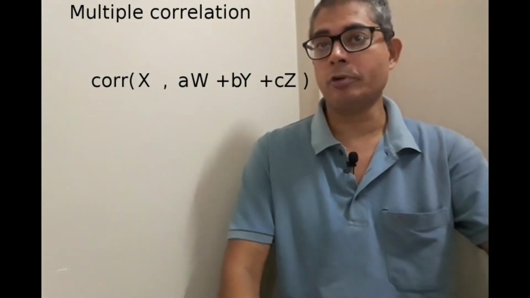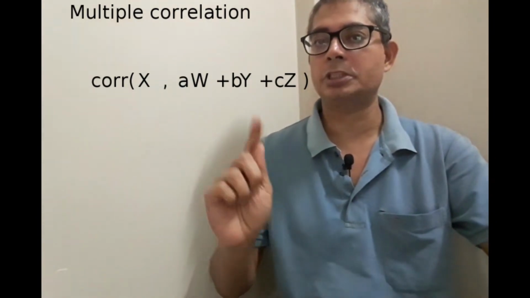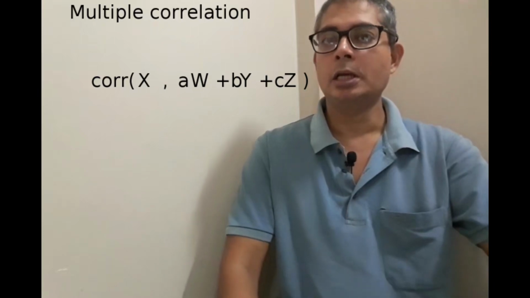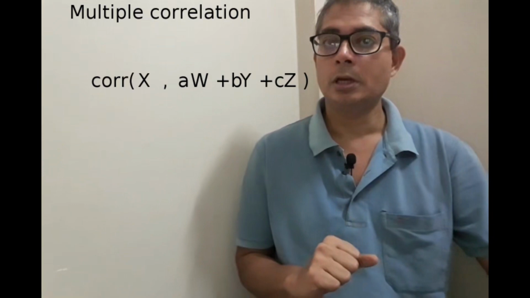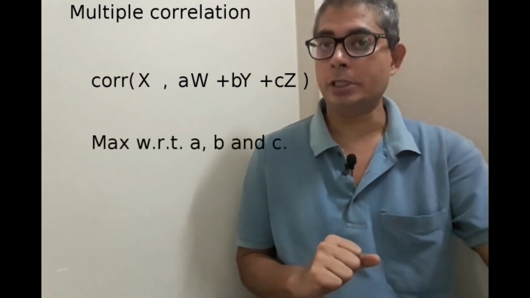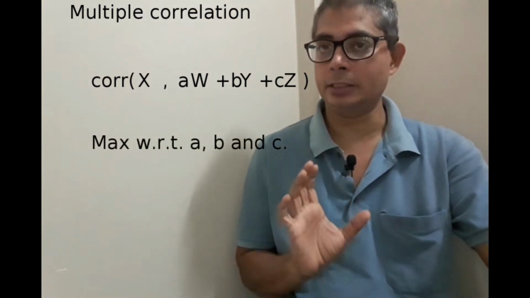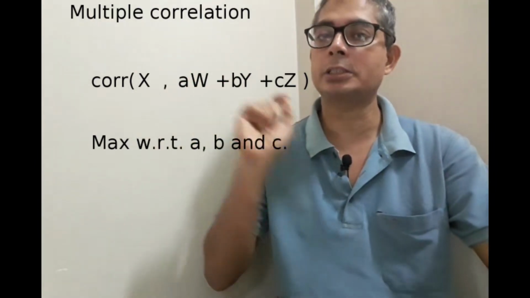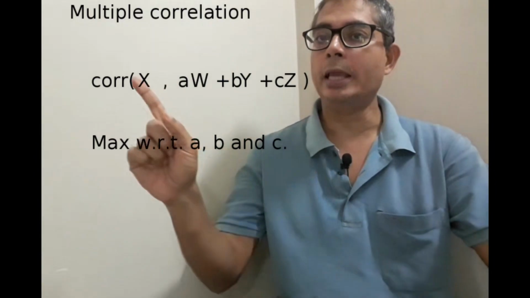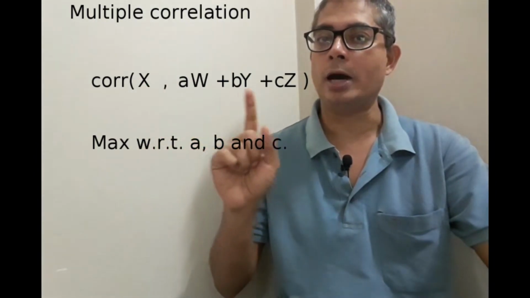The correlation, of course, depends on these arbitrary coefficients a, b, and c. If we vary them, the correlation might change. The maximum possible correlation obtained like this is called the multiple correlation between x and w, y, z.